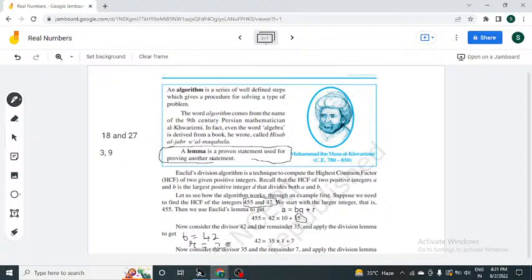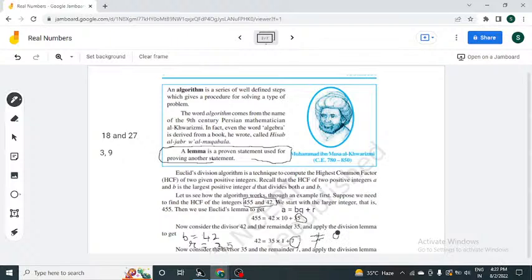Now we are going to apply the lemma to these two numbers. If you compare 42 and 35, you'll see that 42 is greater than 35, so you'll write 42 equals 35 times 1 plus 7. If you look at the remainder for the second step, it is still not equal to 0.